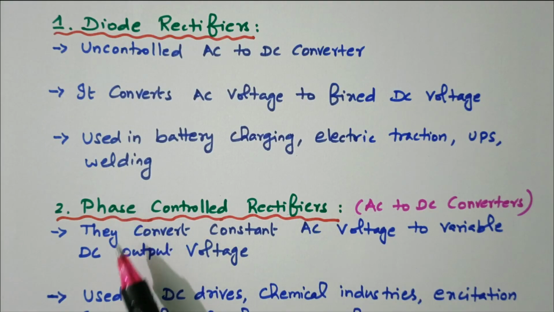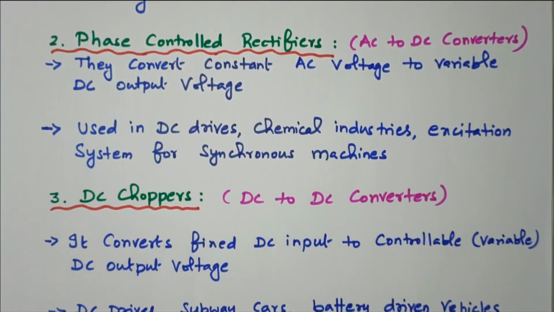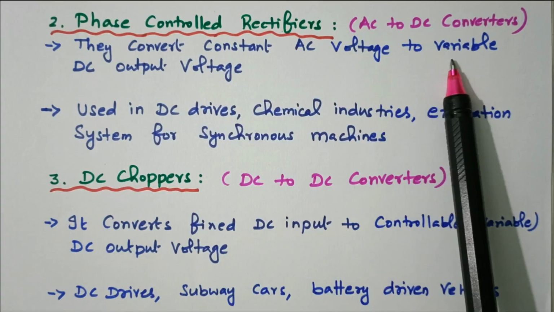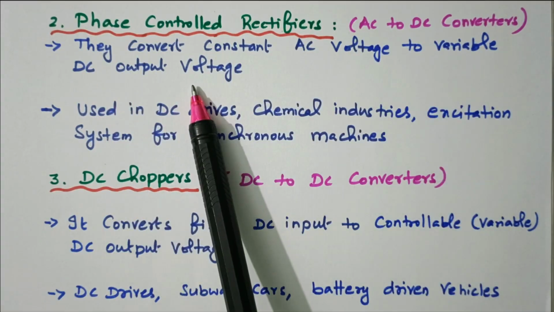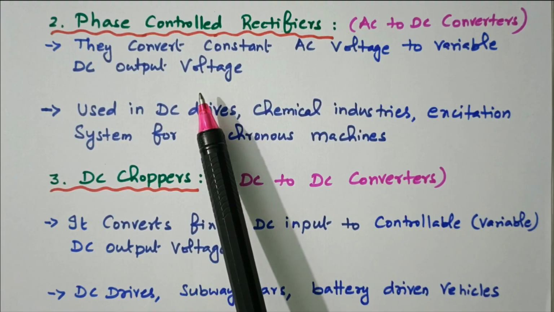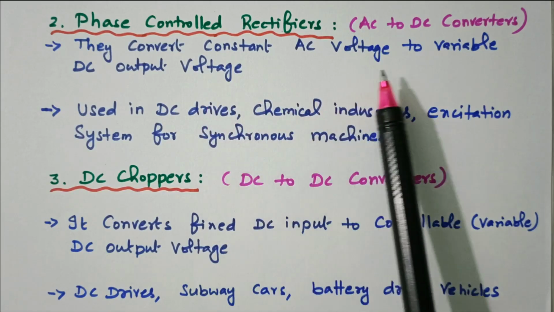Next we will see the phase controlled rectifier. AC to DC converter using phase controlled converters. So they convert AC voltage to variable DC output voltage. While using a thyristor, the gate terminal is available. In that we are giving the firing pulse. By varying the firing pulse, the output voltage can be varied.